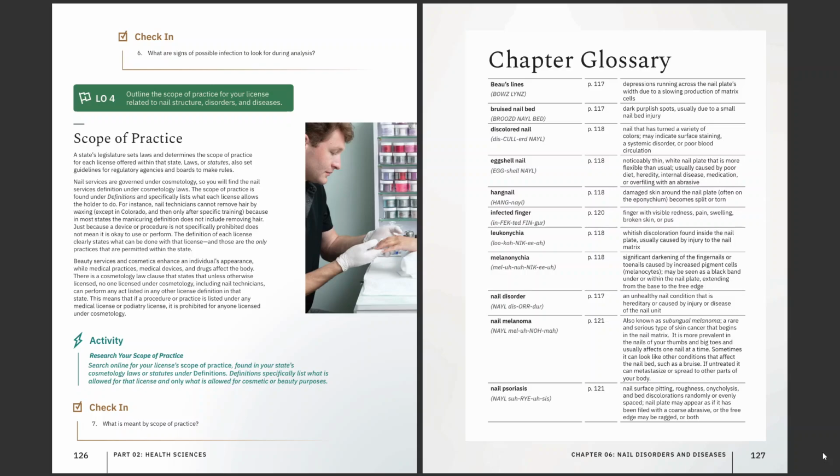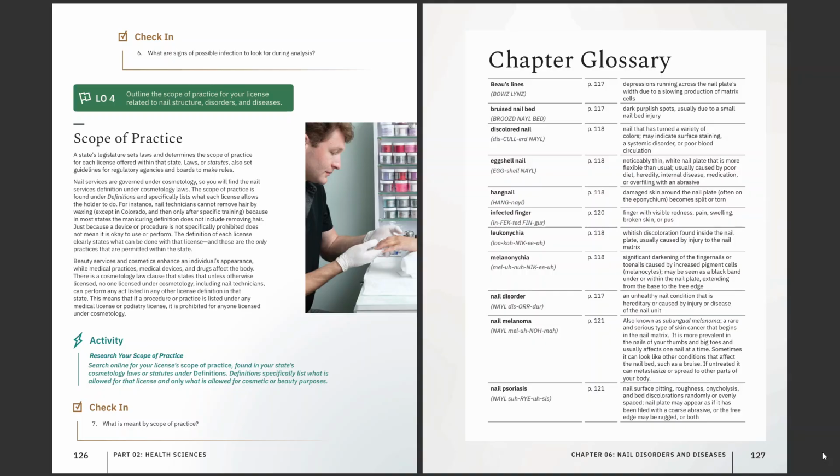Melanonychia: a significant darkening of the fingernail or toenails caused by increased pigment cells, melanocytes, may be seen as a black band under or within the nail plate, extending from the base to the free edge.